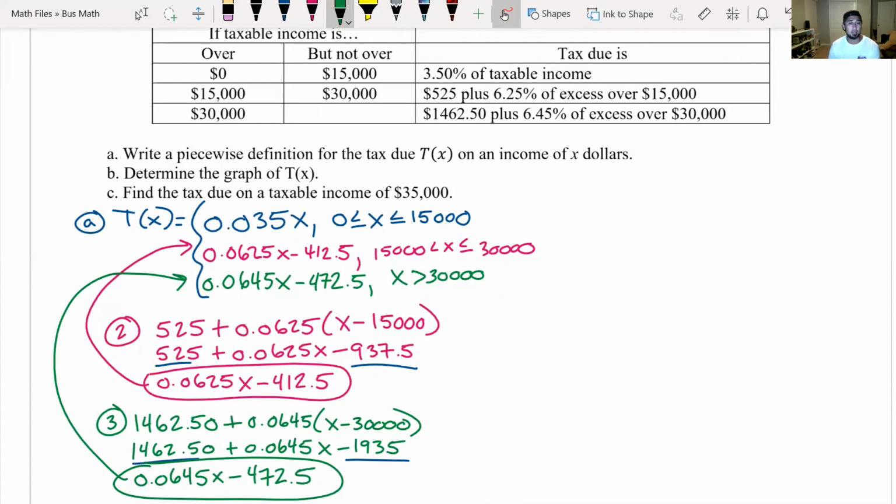So B, determine the graph of t of x. Okay. So let's make a small graph here. All right. So my x values given are 0, 15,000, and 30,000. So maybe we can piece it with just those, right?